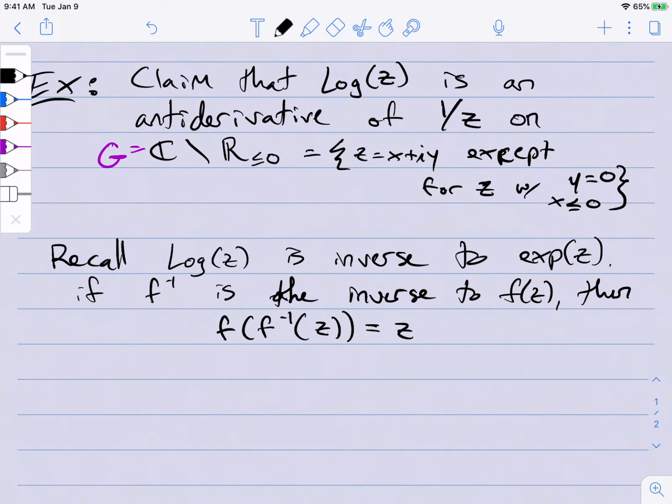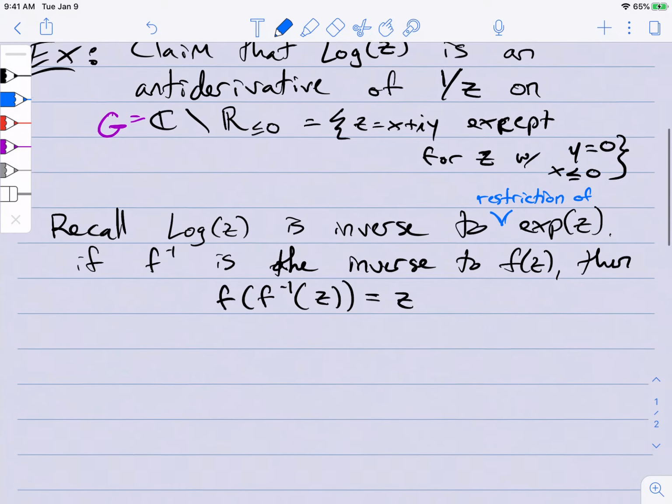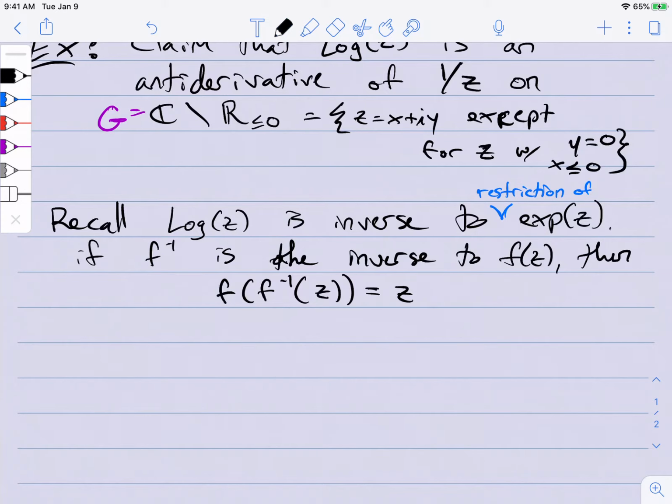And just to be a little bit careful here, remember exp of z technically doesn't have an inverse, so we have to restrict the domain of exp of z, and if we do that, we can define an inverse. And that's how we defined log, is we restricted the domain of exp of z and then on that restricted domain found an inverse. Okay, but if we have an inverse, then it satisfies this equation. That's kind of the definition of an inverse.